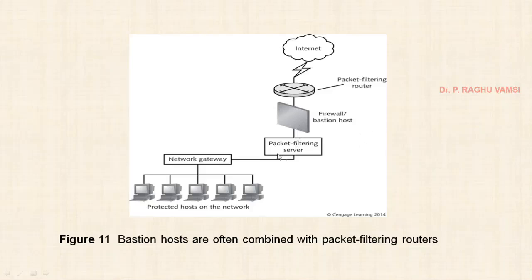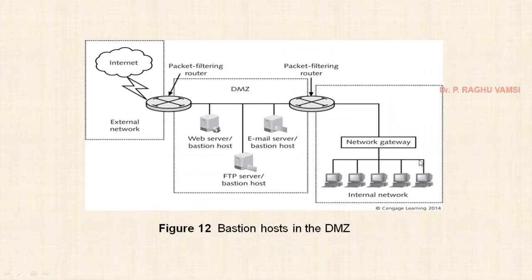Then from there, the packet filtering router will decide whether it is going to the internal network or FTP network or any other network. So bastion hosts are often combined with packet filter routers, and this is the network configuration when it is connected with the packet filter routers.